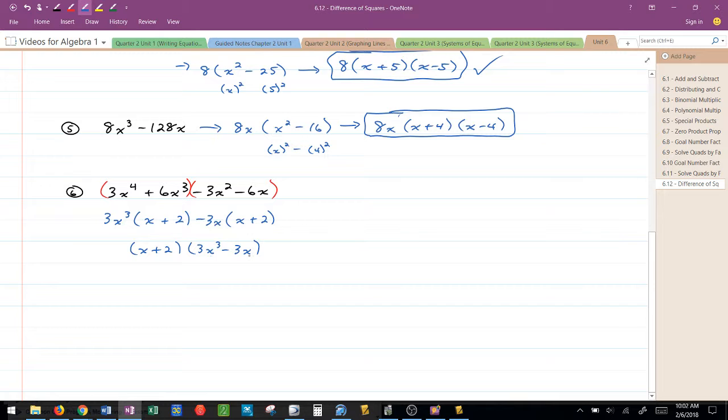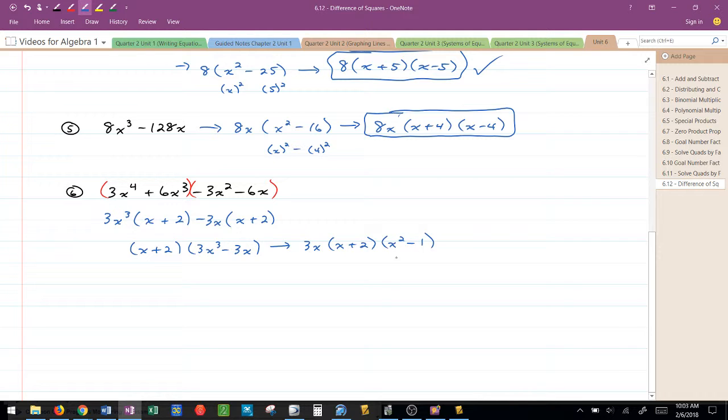Well, I notice in this second binomial that I have a GCF. I'm going to take that GCF out and throw it all the way back in the front. So it has a GCF of 3x. I still have this x plus 2. And when I pull the 3x out of both those pieces, I'm left with x squared minus 1.